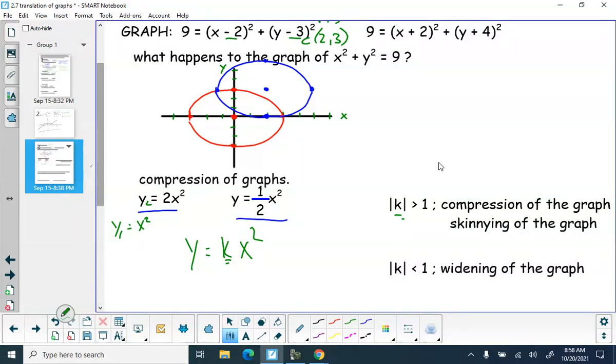So it's going to skinny out. When this k value is less than 1, the y value is not going to grow as fast, so it's going to widen out. It's going to fatten out some. So those are ways of being able to skinny out a graph or widen out a graph.